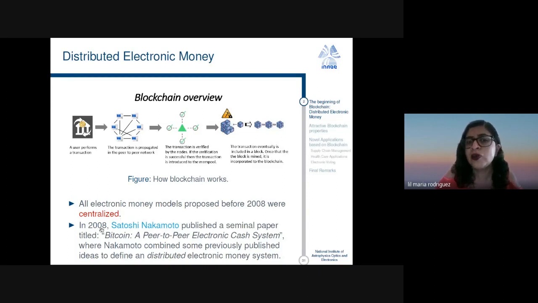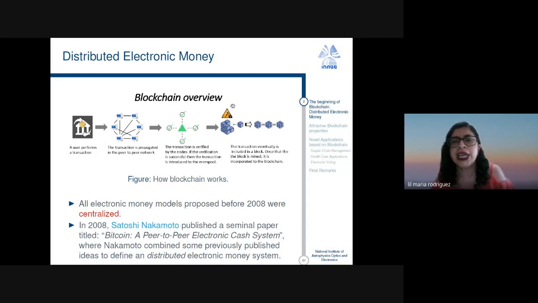And in 2008, Satoshi Nakamoto published a seminal paper titled Bitcoin, a peer-to-peer electronic cash system, where Nakamoto combined some nice ideas that were previously published, and with that, defined a distributed electronic money system. So as you can see in this image, we have a blockchain overview.